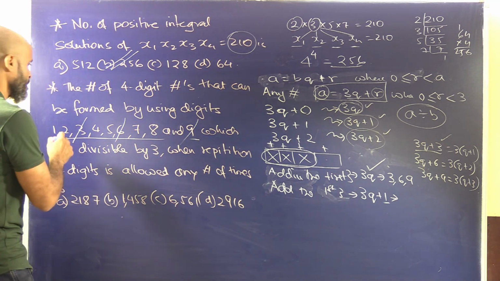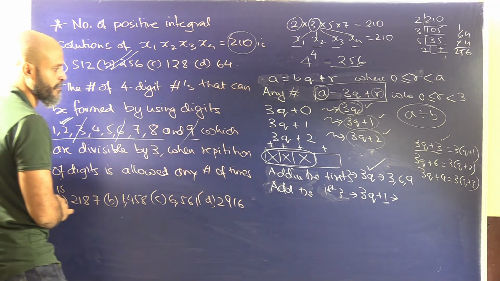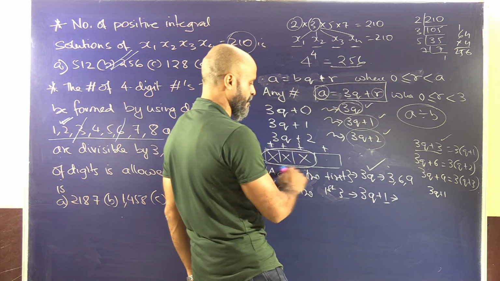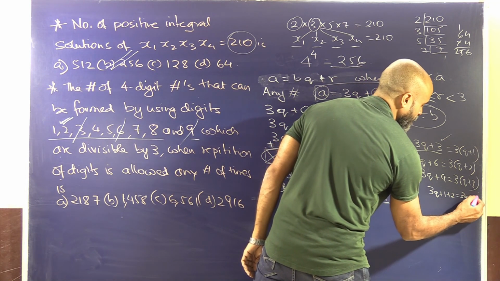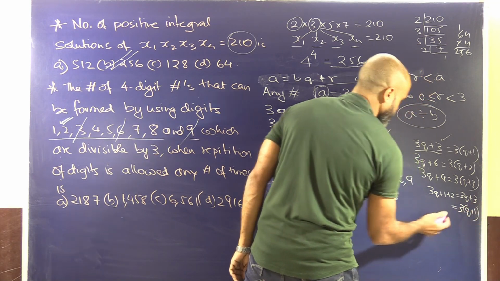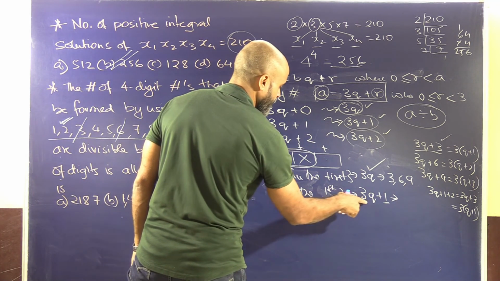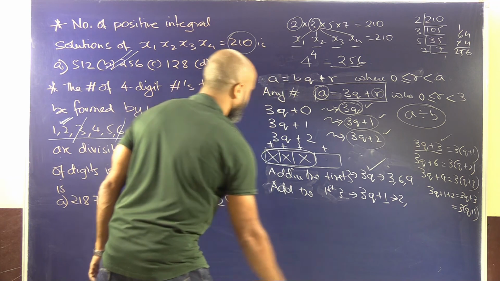How can we do this? By taking the last number as 2. So if we select 3q plus 1, this is the sum of the digits of the first 3, and if we select the last number as 2, we get 3q plus 3, which makes the number divisible by 3. So one choice is 2.